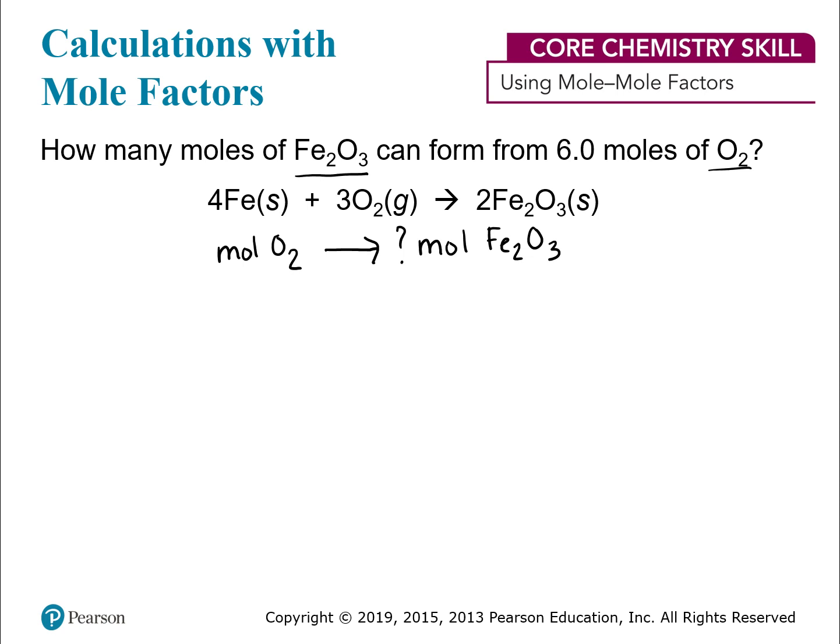Don't just write moles to moles, because that's not clear enough. It doesn't tell you what you're really doing. Now that I see I've got moles of oxygen and I'm trying to get to moles of a different compound, I know that I need a mole-mole factor that goes between the two.